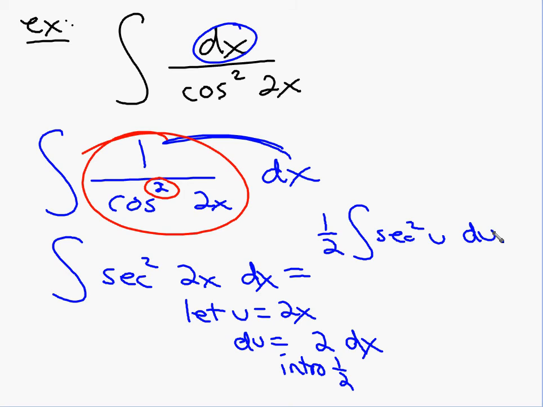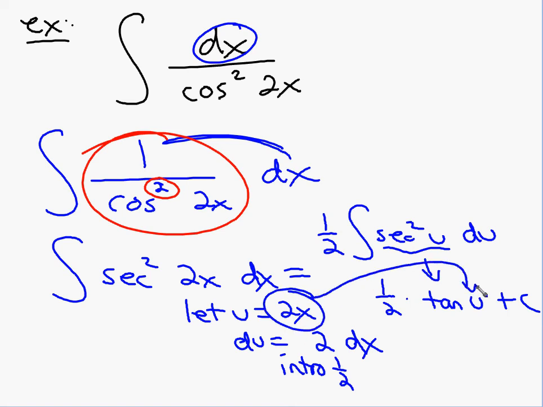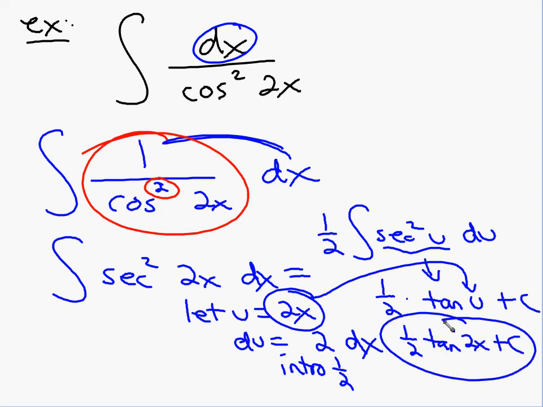And if we think backwards with our antiderivatives, the derivative of tangent is secant squared. So this antiderivative is the tangent of u times 1/2, and of course it's plus c. Then all you have to do is put your 2x back in for u, and I have 1/2 the tangent of 2x plus c.